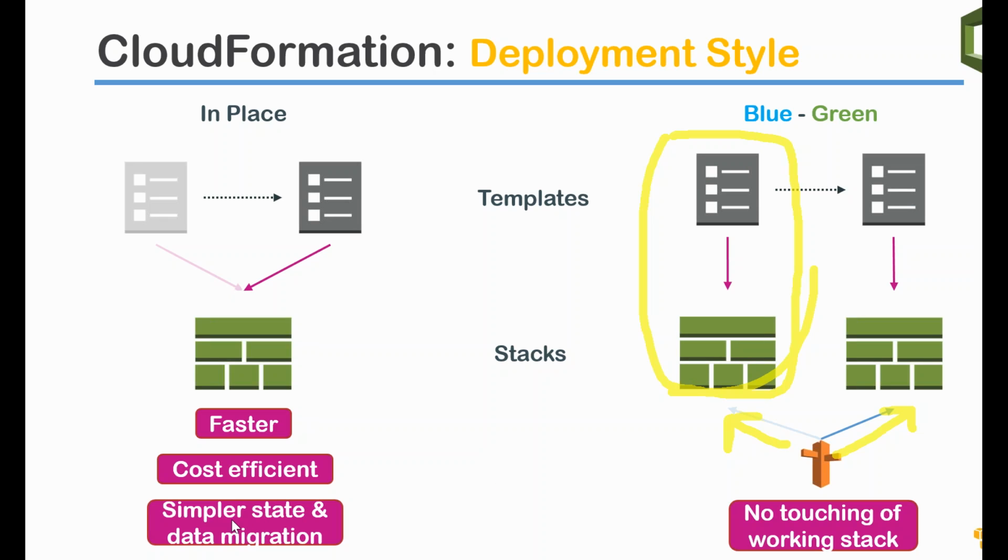It's just pointing Route 53 to the old one, as simple as that. Very costly because you are running two different deployments, but very fault tolerant, because it doesn't show the problems of your deployment to your customers, and your customers don't even know that you're upgrading in the background, just like we experience in Google or Facebook.